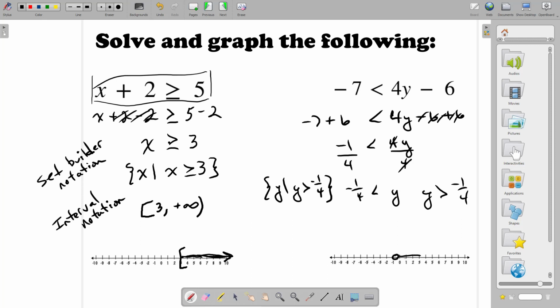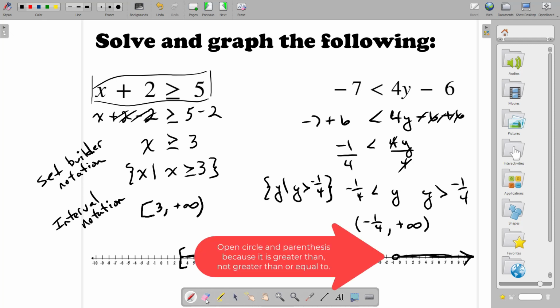And then we have everything to the right. Now, in interval notation, since we're not including the negative 1/4, we put a parenthesis because that is not included, and then this continues to the right, so it goes to positive infinity, which we do not include.